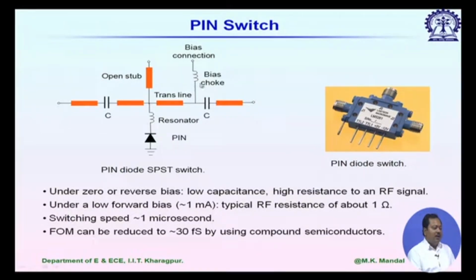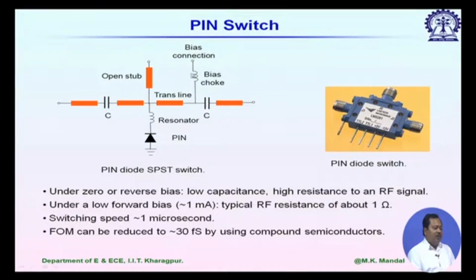Now, if we directly connect a DC source here to the microstrip line, then whatever RF signal is coming from left hand side will also go to this bias connection. So, we have to somehow stop this RF signal from going to the biasing circuit. We can use an inductor here, or we call it a bias choke, that will provide very high resistance to the RF signal and very low resistance to the biasing.